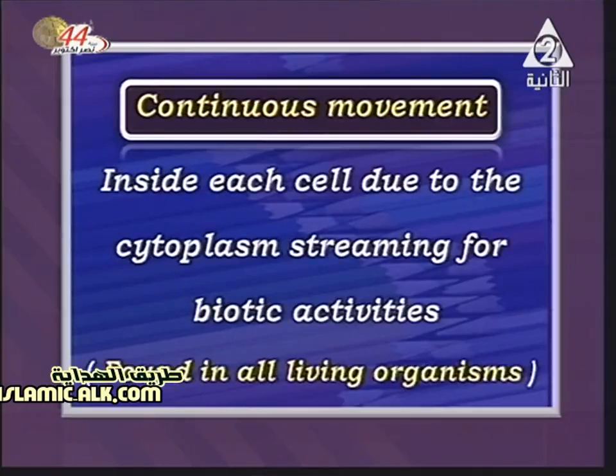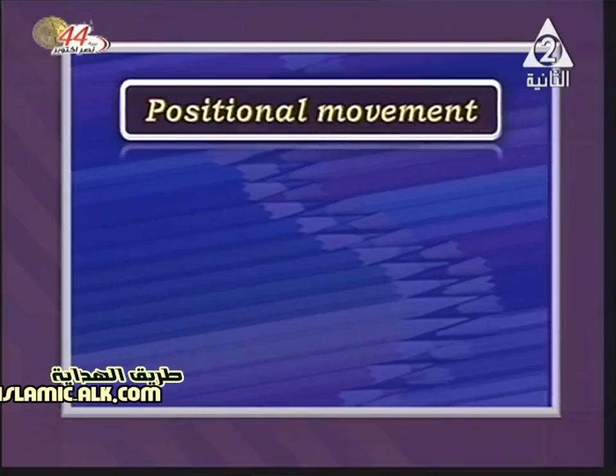Well, the second type, which is what? Positional movement. Positional means that just a part of the living organism, only it will be moved, not all parts. It's not the whole living organism, just a part of it.